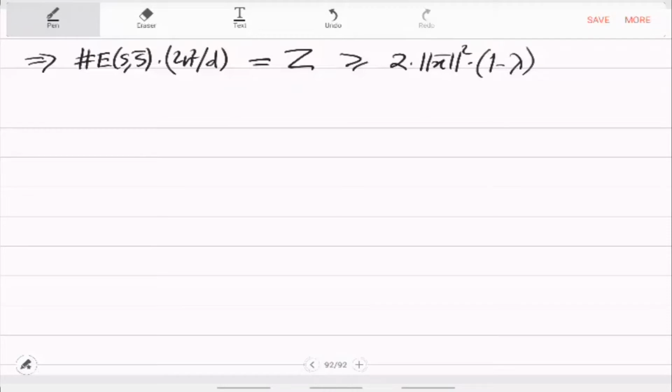So what is this equal to? This is equal to 2 times 1 minus lambda times sigma x_i square.